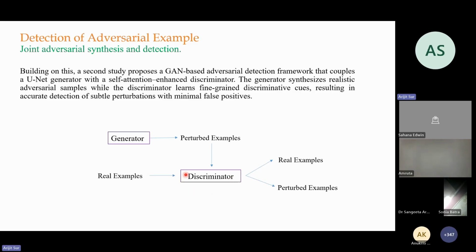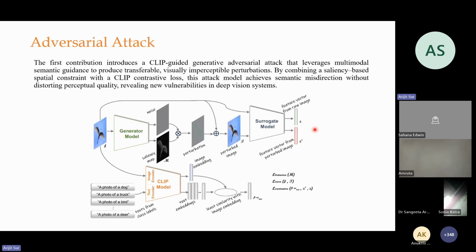This is actually the classifier. It is trained to differentiate a real example from a perturbed example. It is strengthened by a very sophisticated generator, so that the examples look very natural and very close to real examples, which strengthens the discriminator. So this is the basic idea.